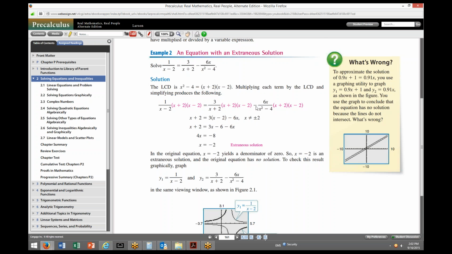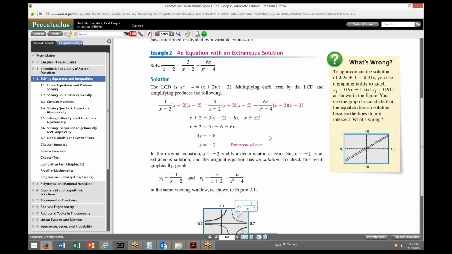Then minus the third term in the equation, 6x over x squared minus 4, times the x plus 2 and times the x minus 2 factors of the LCD, put those over 1. Then x squared minus 4 on the bottom cancels out with both these parentheses on the top because they're the same, and we're left with just 6x.